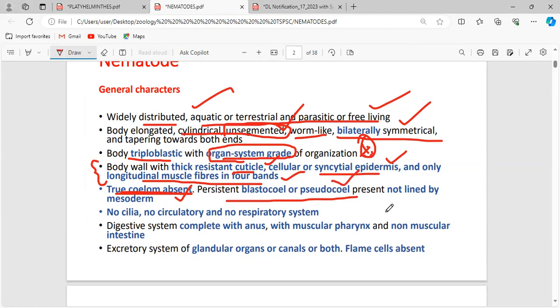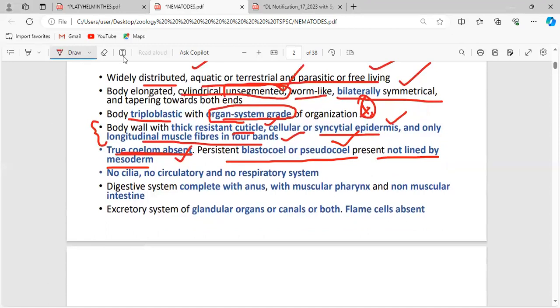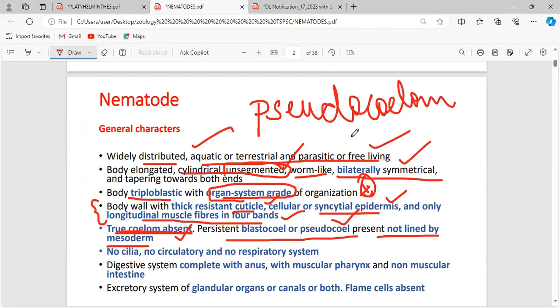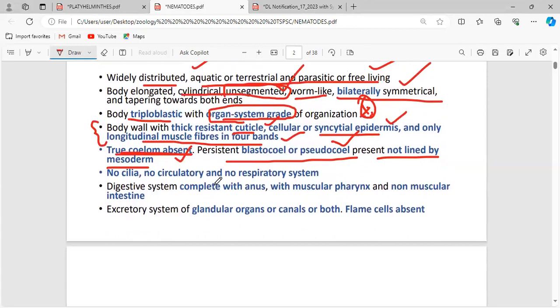The persistent blastocoel or pseudocoel present is not lined by the mesoderm, which means it is a pseudocoelom. Pseudocoelom is present here. I don't want to repeat the same thing again and again, so you'll know that. No cilia, no circulatory, and no reproductive system. See, the digestive system is complete with anus.